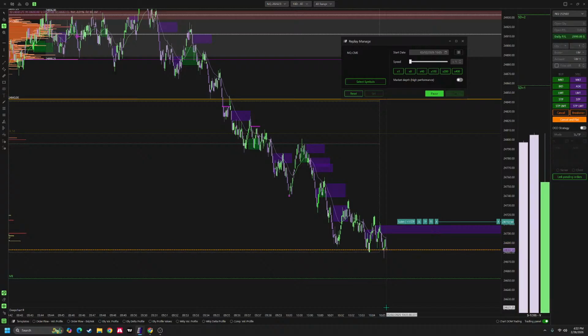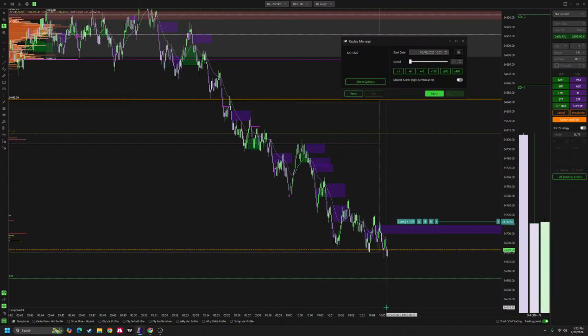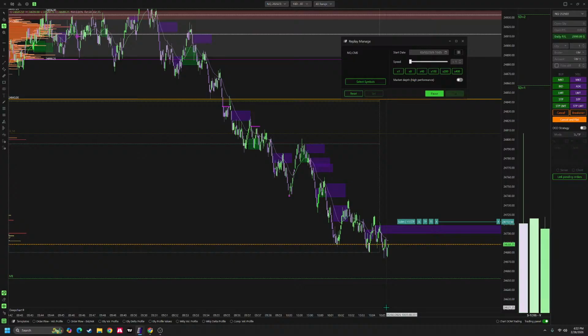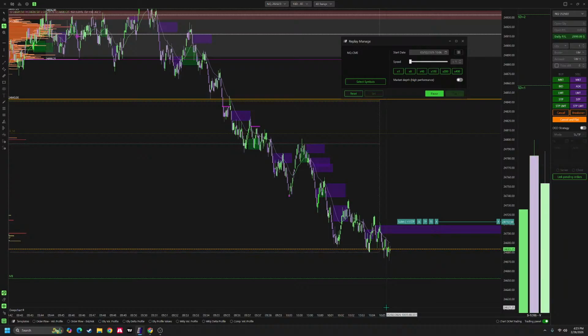And we're going to try to ride it all the way up to the middle or get stopped out trying. We are making lower highs and lower lows, so there's no sign of stopping. Looks like we are going to retest that initial balance low.